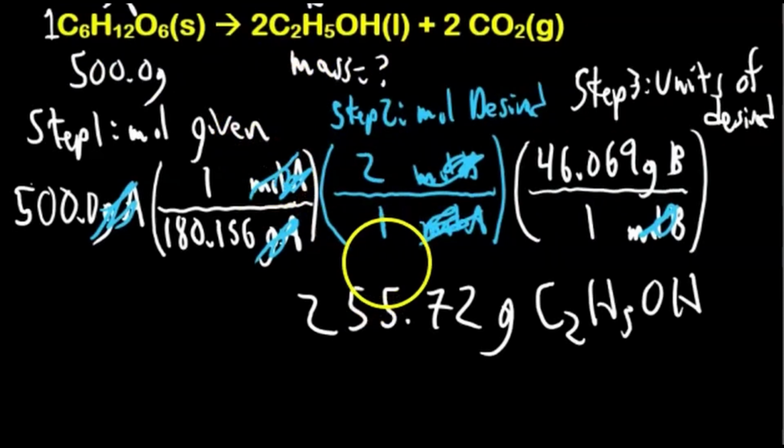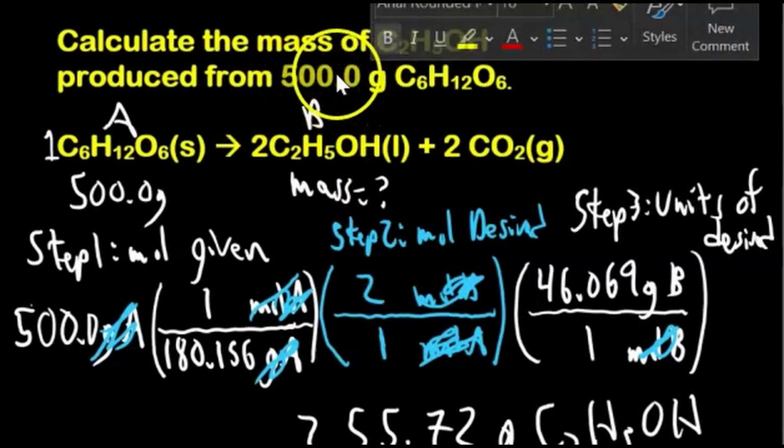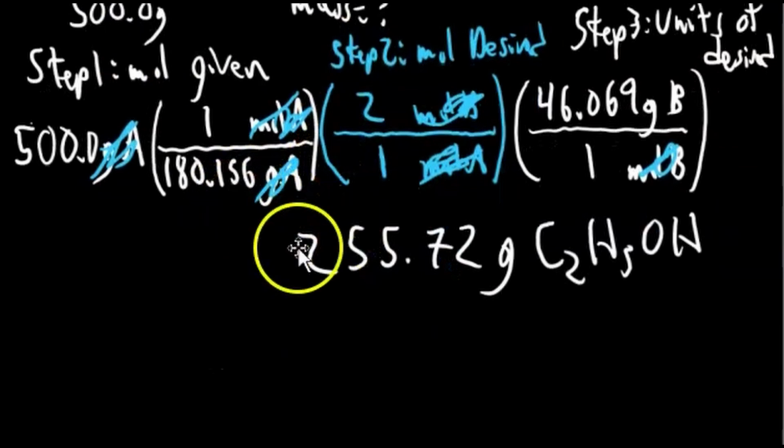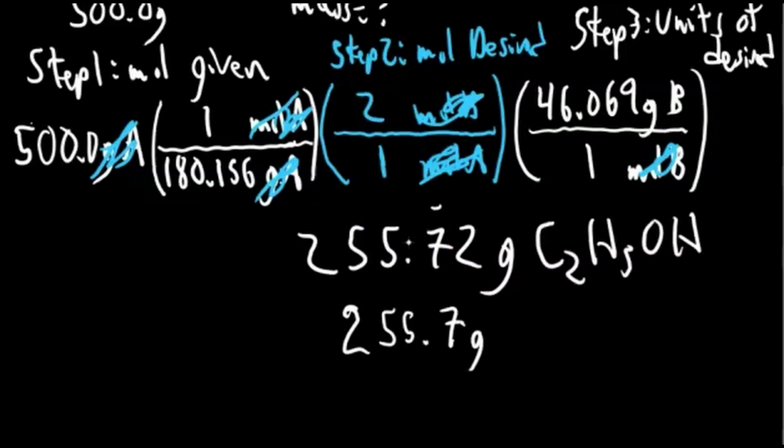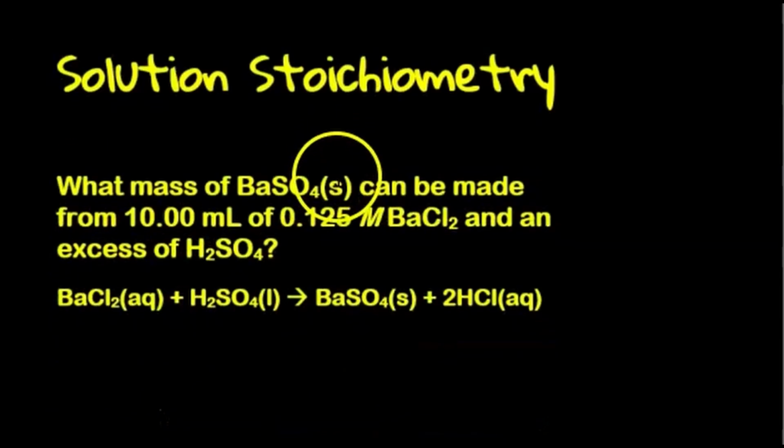And then for full marks, we look at the significant figures. There's 4 significant figures here, which means our answer should have 4 sig figs. So 255.7 grams of C2H5OH. Sweet.